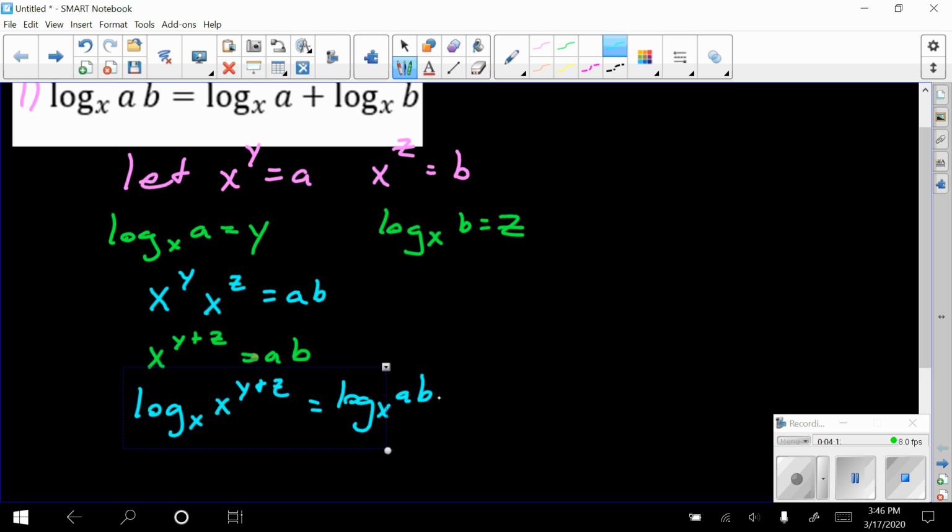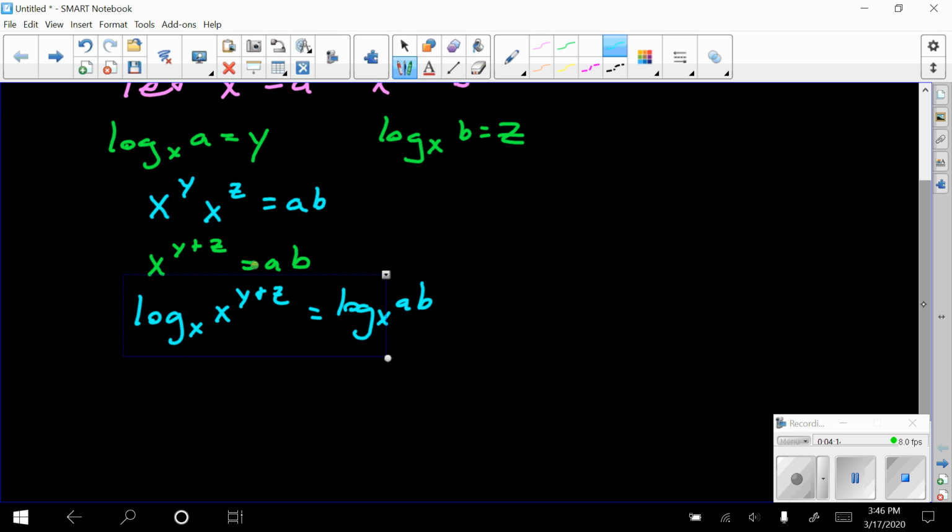Essentially what that allows us to do, this will be a property that I'll show you later on too, is that on the left side, everything just kind of cancels. This log base x of x really just goes away, and it's going to give us then y plus z equaling log base x of a times b.